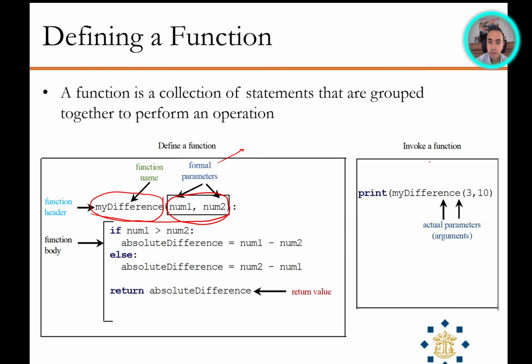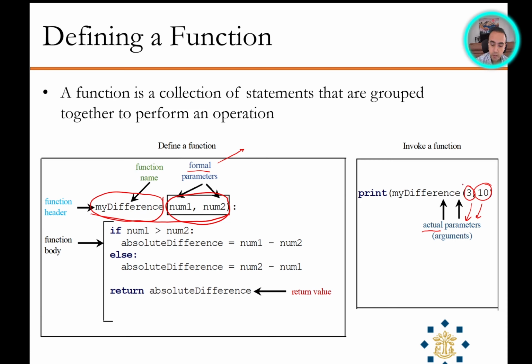Here, when you invoke a function, when you actually call the function inside your print statement, for instance, you call the name and then you give in the two actual parameters. So this was formal parameters, this is actual parameters, they're also called arguments.